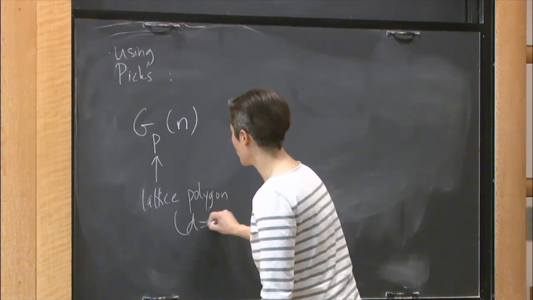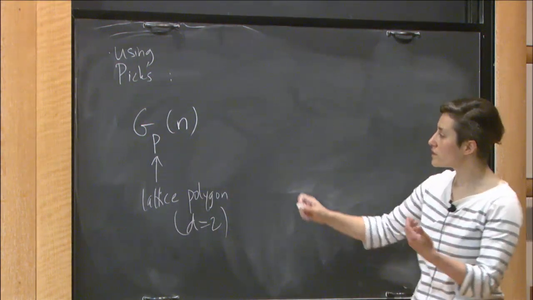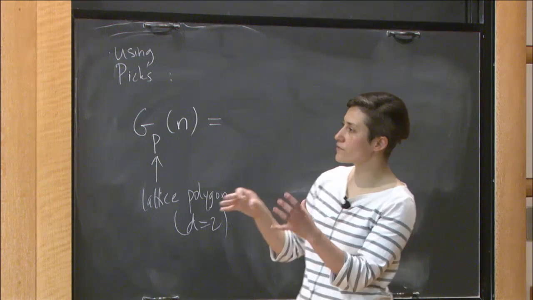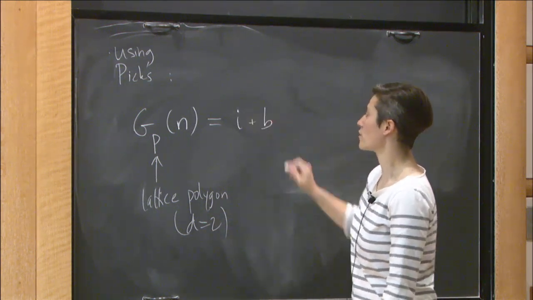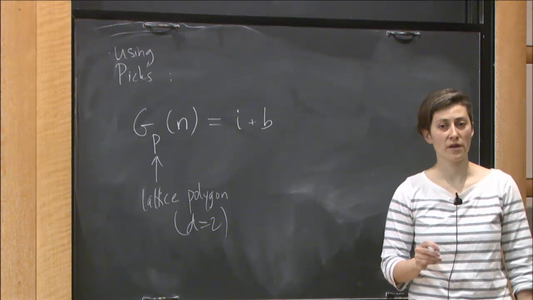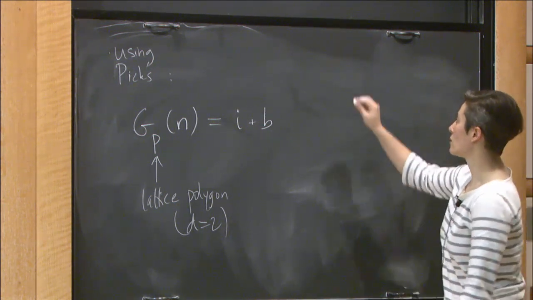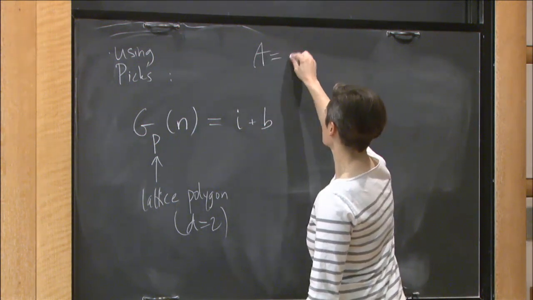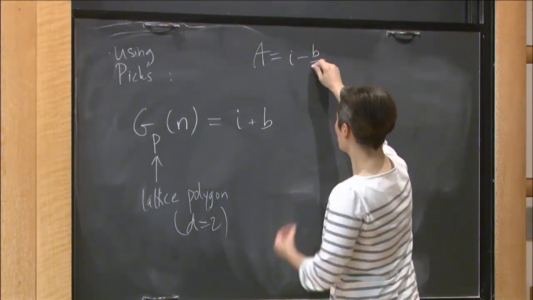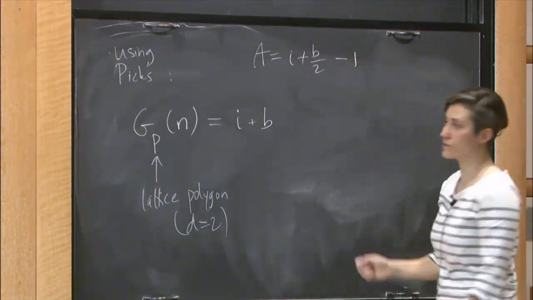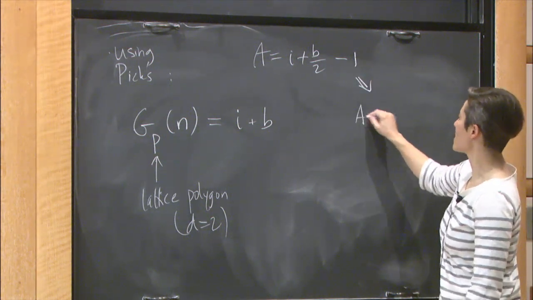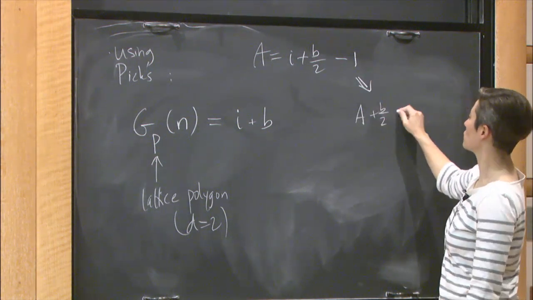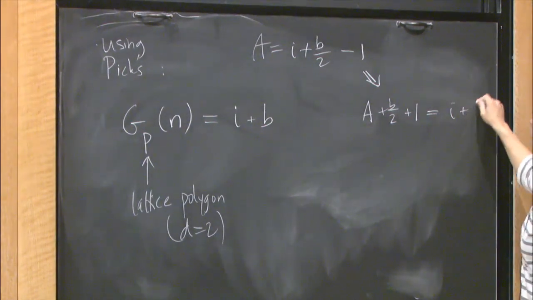Polygon means I'm in 2 dimensions. As I said, we're thinking of these regions as closed, so this is the number of interior points plus the number of boundary points. Well, I have A equals I plus B over 2 minus 1. So I have A plus B over 2 plus 1 equals I plus B.